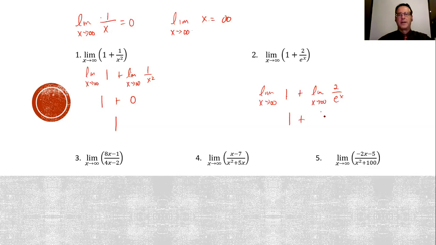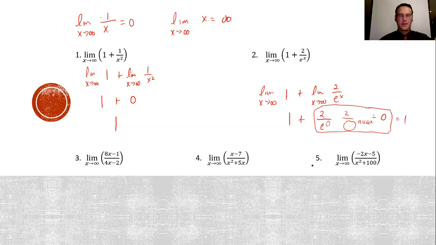I don't really like to write these in, but if you think about e to the x, as this number gets bigger and bigger and bigger, it makes the whole bottom fraction get bigger. The idea is that 2 over some number that gets bigger and bigger will give you 0. So 1 plus this 0 is equal to 1.